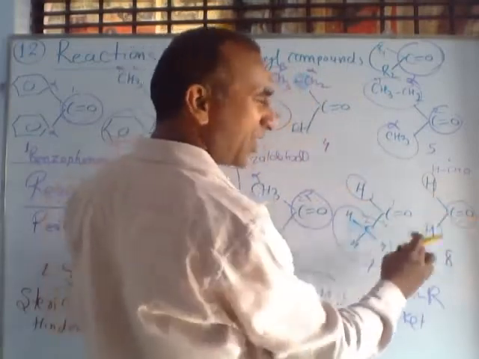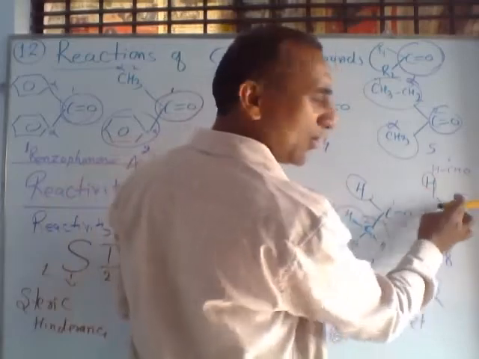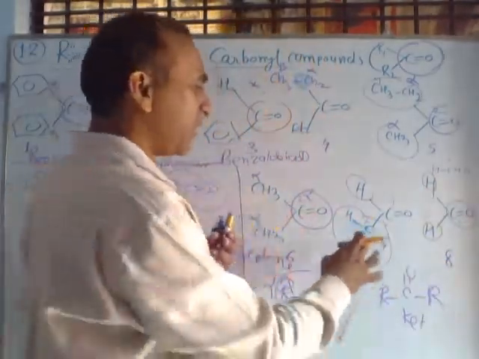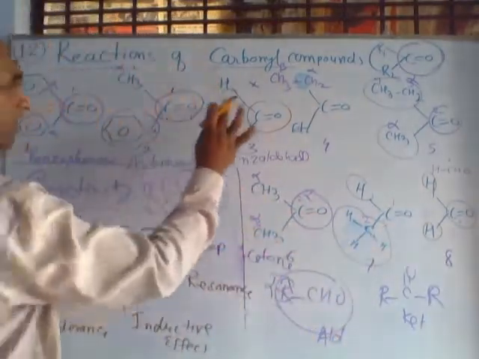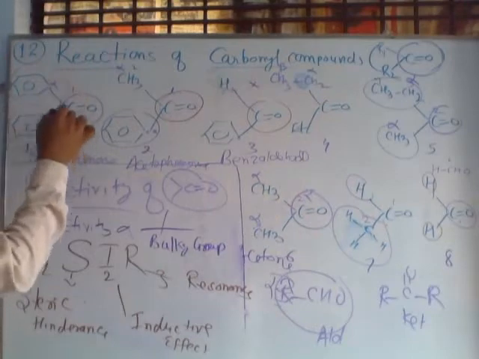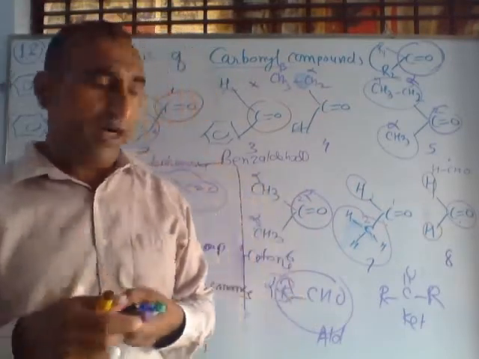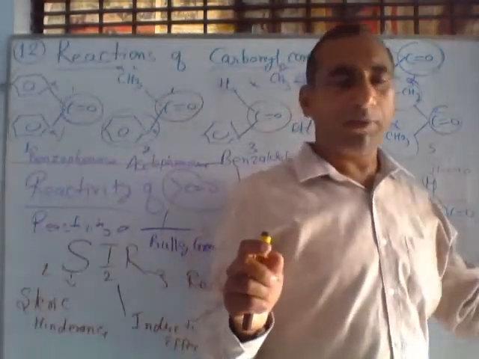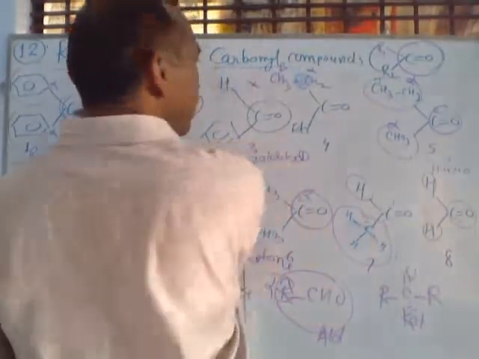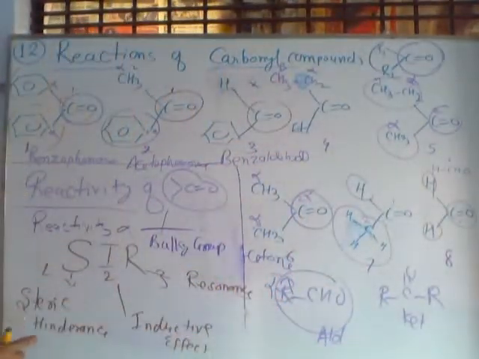So this is less steric. It means in formaldehyde, around the C double bond O, there is space for the nucleophile to attack. But here, these are very large groups, so there is not sufficient space for the nucleophile to attack the carbonyl compound. So these are least reactive, as they are more steric.